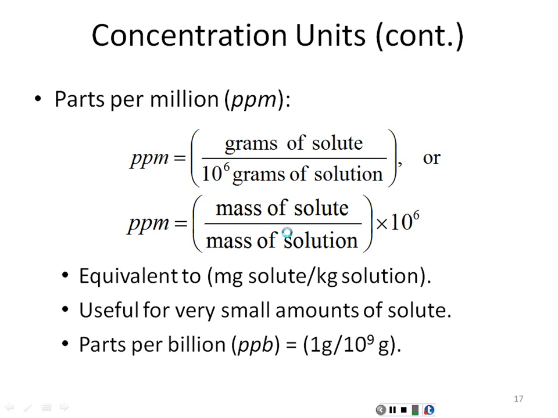And an analogous term would be parts per billion. Now this is a gram of solute per 10 to the 9th gram of solution. And these values you'll see a lot if you're in environmental chemistry, sometimes even in medicine, lab testing. But in this class, we probably aren't going to use these units really at all.